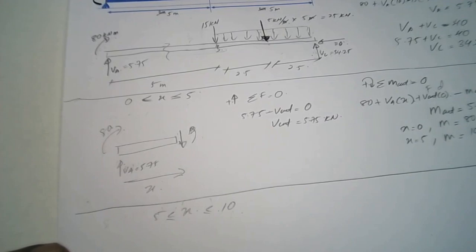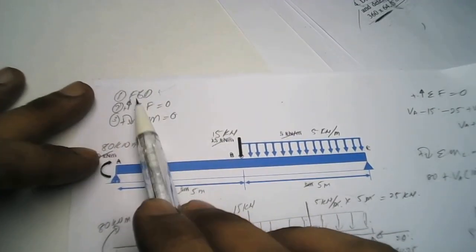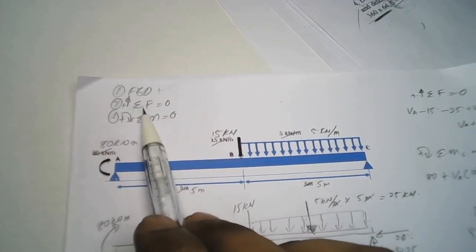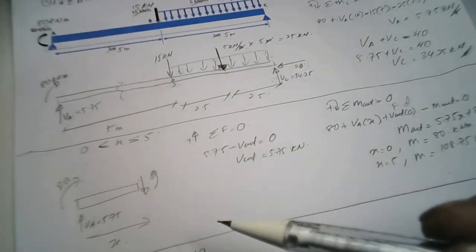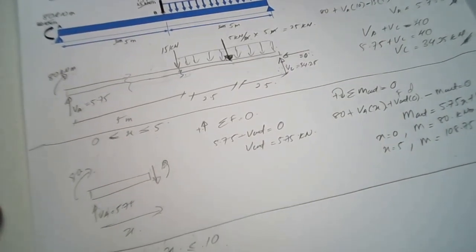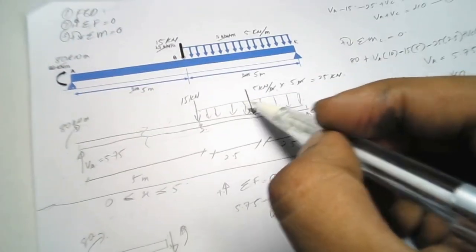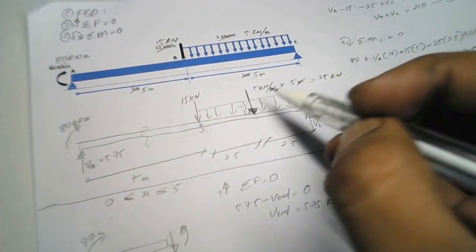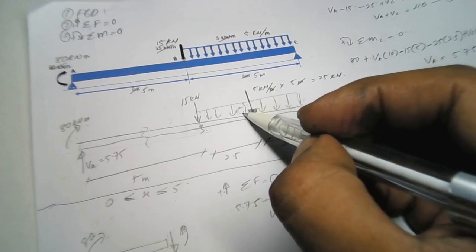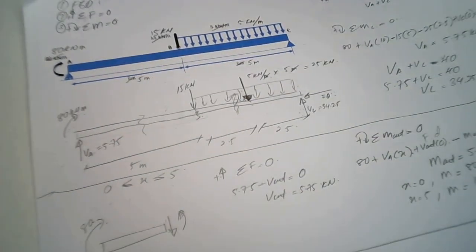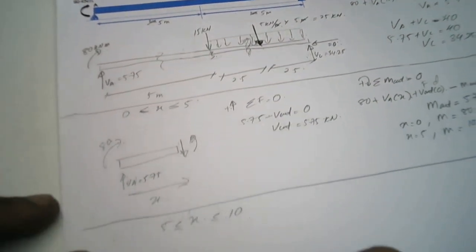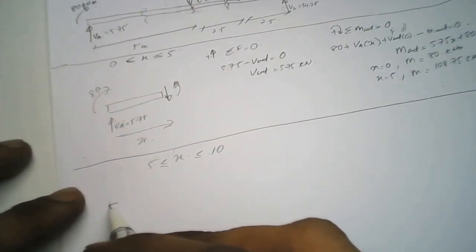You have to remember, there are three main steps that we have to follow. The first one is the FBD. Let's say we want to cut at this point, so we have to draw the FBD.